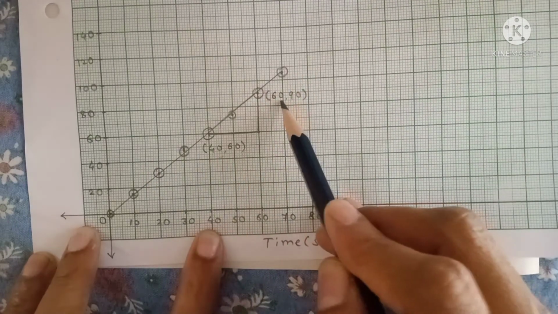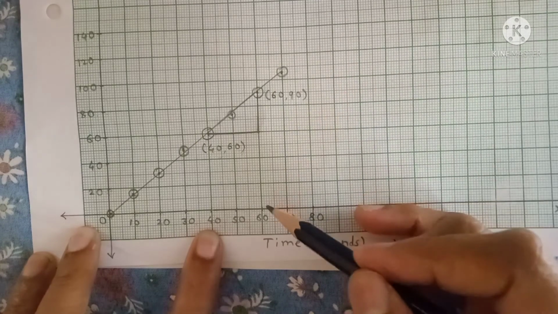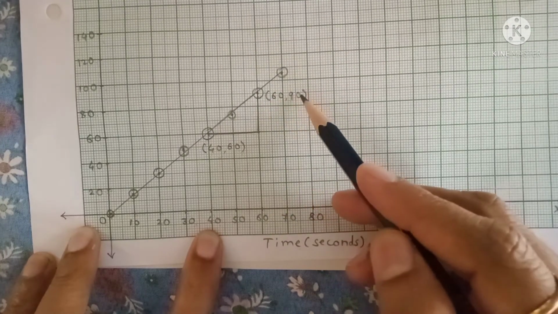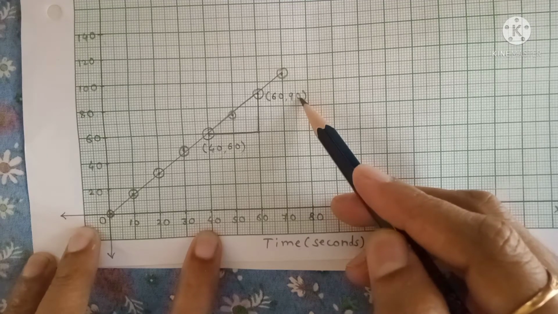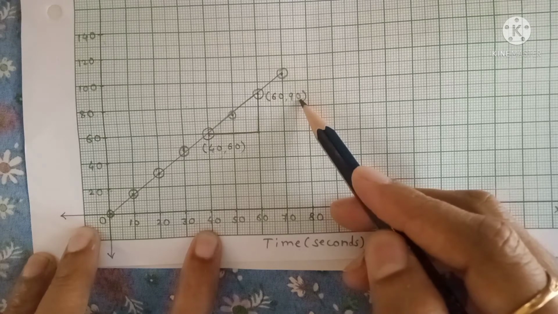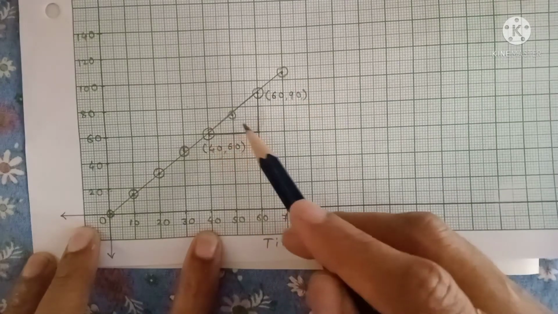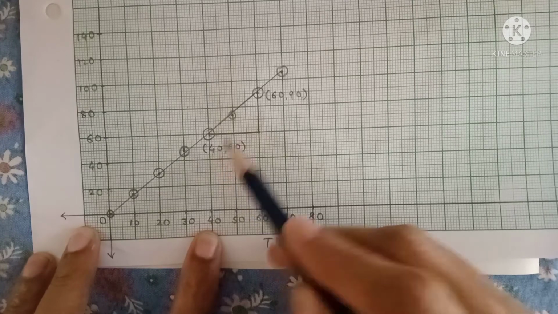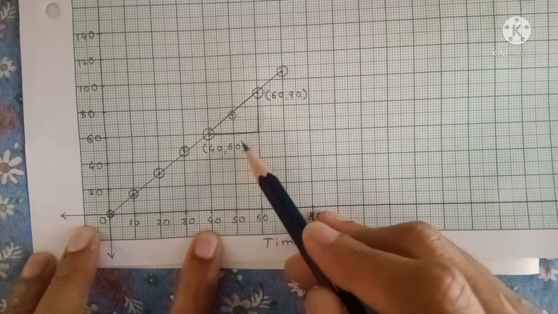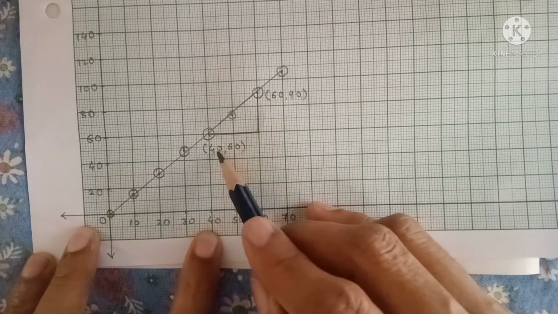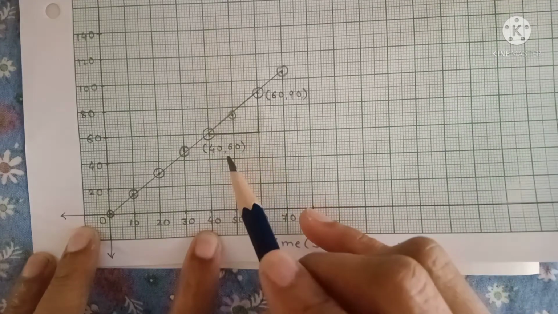Now for this point also I will write the readings. The first reading is 60, that is in seconds, and the second reading is in meters, that is 90 meters. So 60 seconds and 90 meters. So I got two readings, one x-axis time and another y-axis distance in meters. With the help of both these points we can plot the graph.